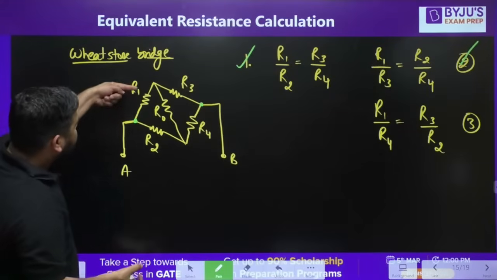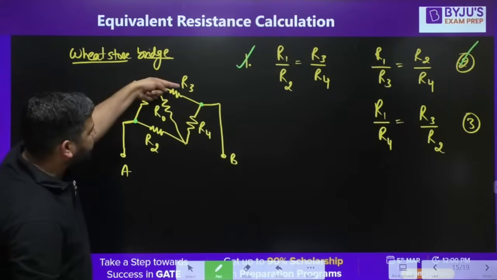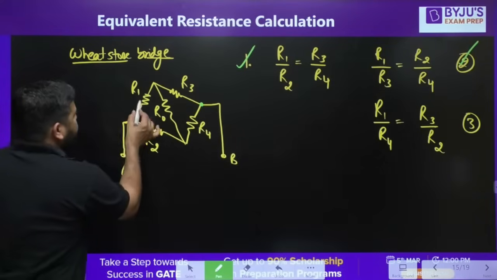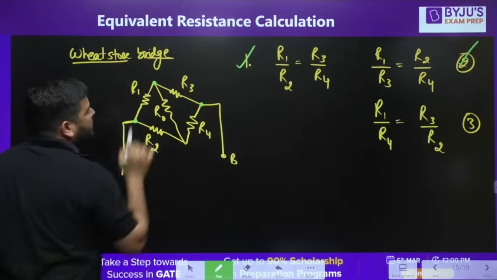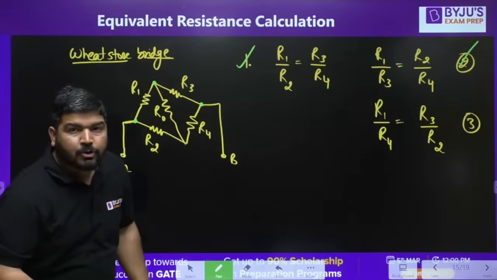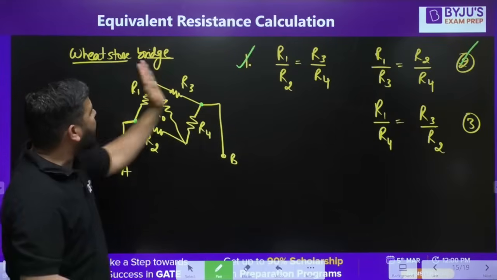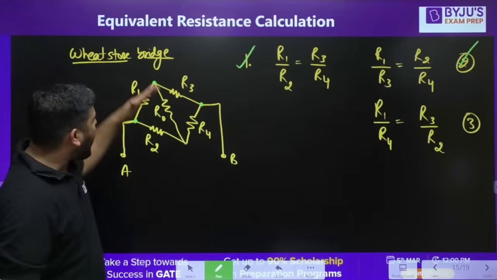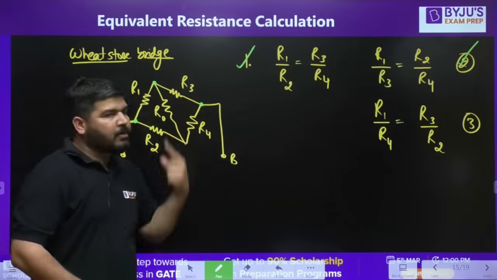So you can take the ratio of R1 and R2, and on this side the ratio of R3, R4. Also R1 and R3 are connected at this point, so you can also take the ratio of R1, R3. So R1 by R3 has to be equal to R2 by R4.